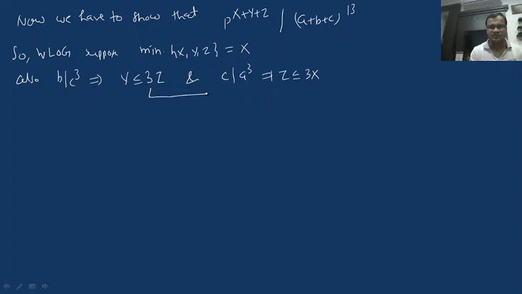Taking these two results together, Y is less than or equal to 3Z, but Z is less than or equal to 3X.